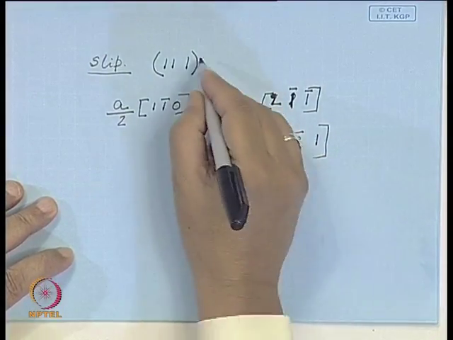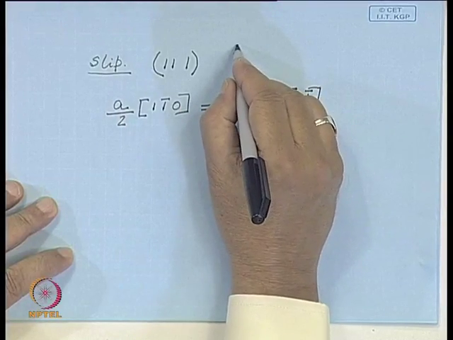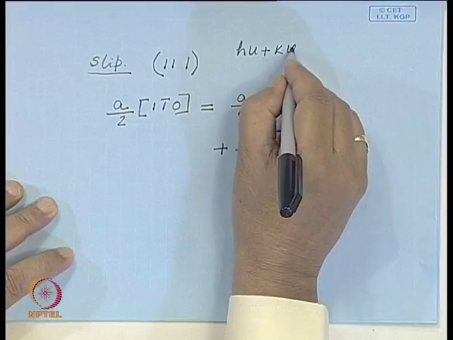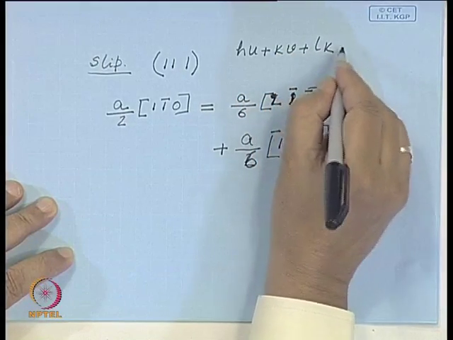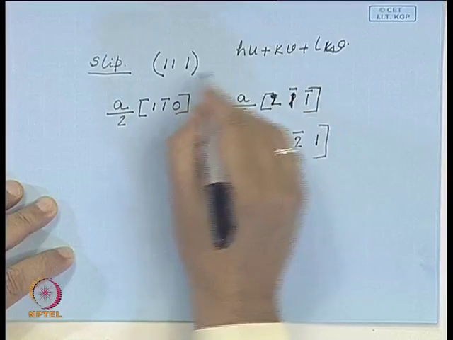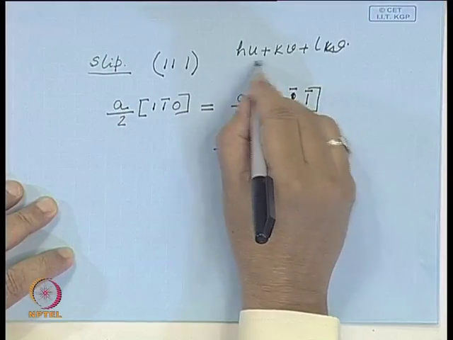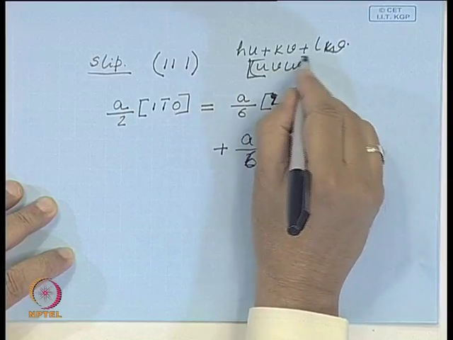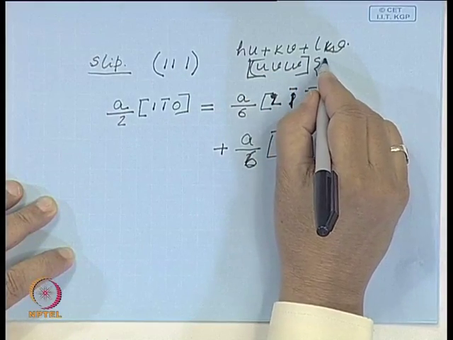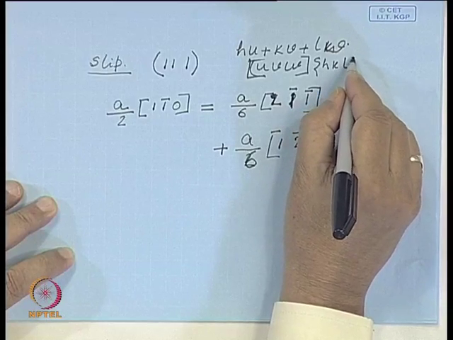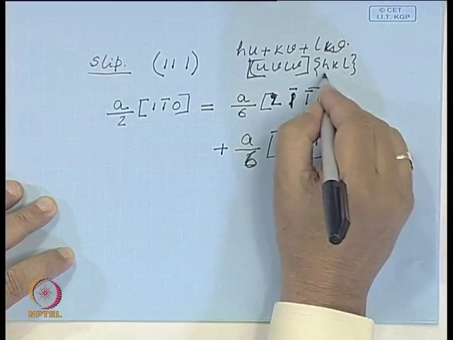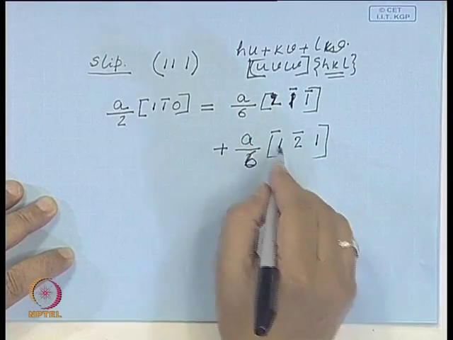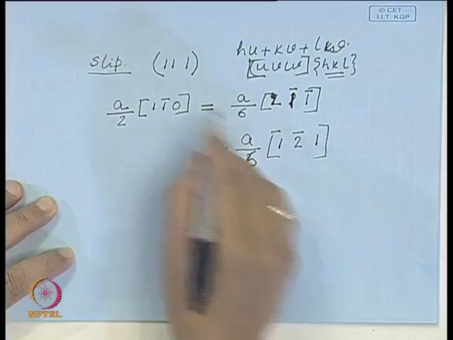Now, you must check using this relationship, hu plus kv plus lw, where uvw represents the direction and hkl represents the plane. Now, you check that this must lie on this plane, and this also lies on this plane.